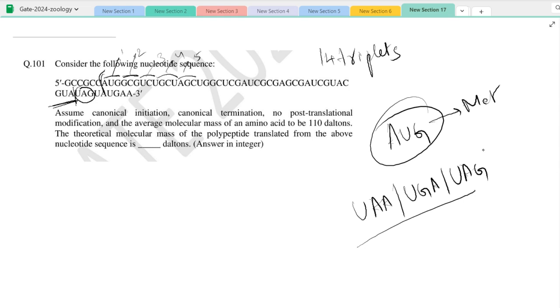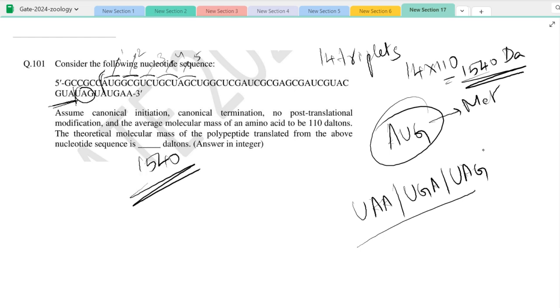Since each triplet is an amino acid, and each amino acid has a molecular mass of 110 Daltons, you need to multiply 14 by 110, so that gives you 1540 Daltons. So the correct answer here is 1540. This is a very simple question if you know basic molecular biology. Okay, moving on to the next question.